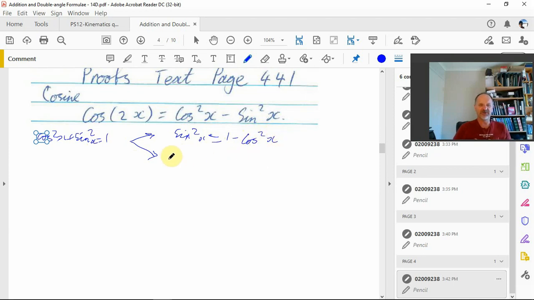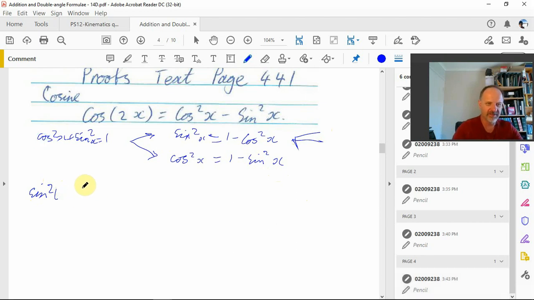And of course, if you take sine, you get that cos squared x is equal to 1 minus sine squared x. So if I make the substitution of this first one here, substituting sine squared x, it's just a change in the way of writing it.